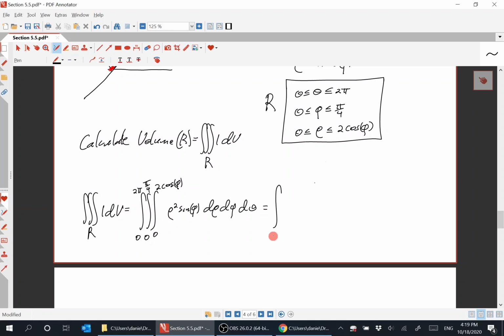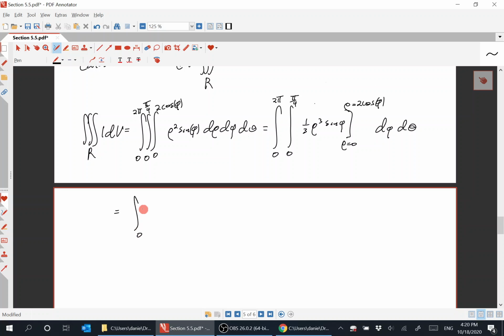So we'll do the first anti-differentiation with regard to rho. So sine phi is a constant. So the antiderivative with regard to rho is 1/3 rho to the third times this constant, sine phi, evaluated from rho equals 0 to rho equals 2 cosine phi. D phi d theta.